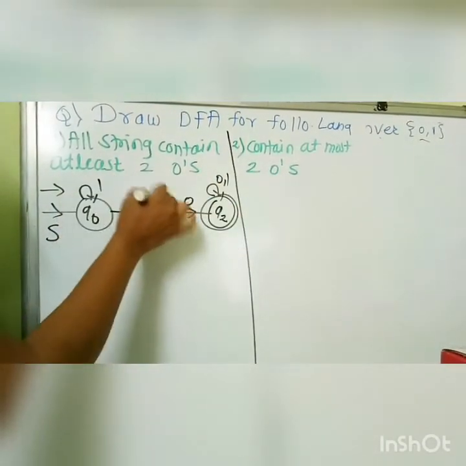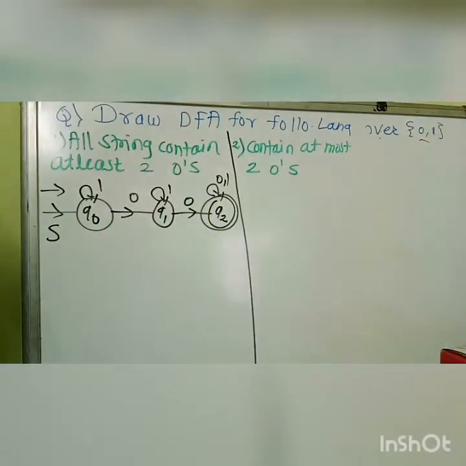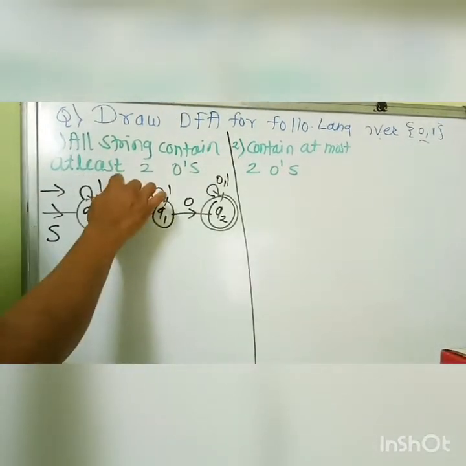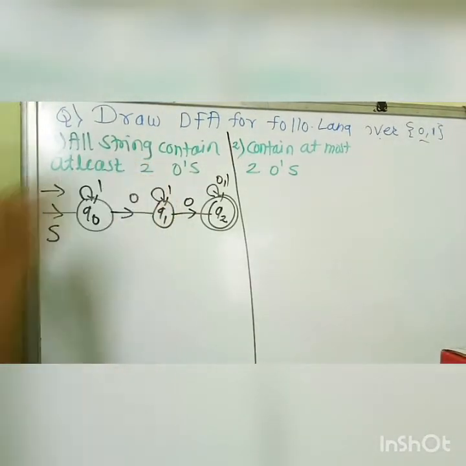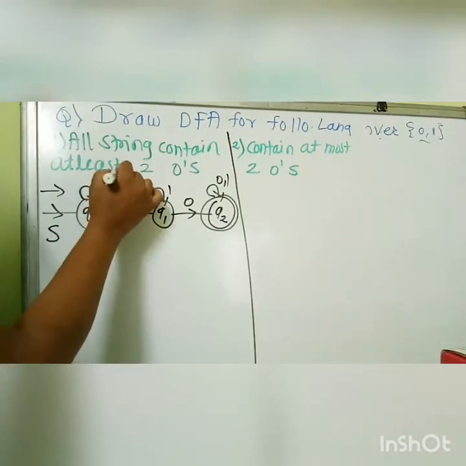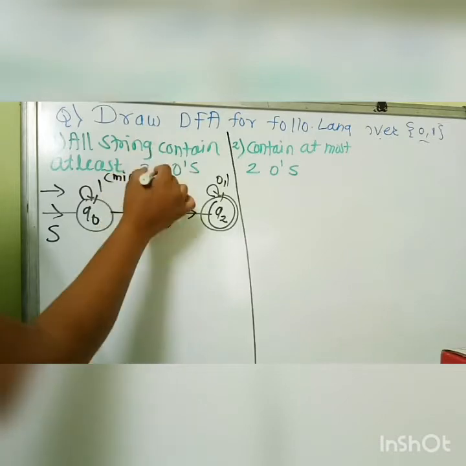For 1, bypass to the same state. Remember the problem we saw in the last video, that is at most. At most means maximum. Remember that at least means minimum.